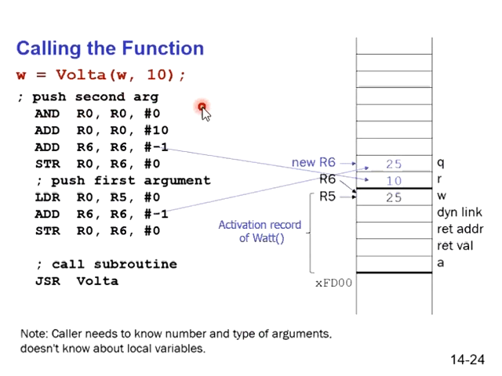Because this is a stack, to push the value you need to decrement the stack pointer, R6, and then store the value to that location. Now R6 points to this location, and we assign 10 to it. Then you need to push the first argument.